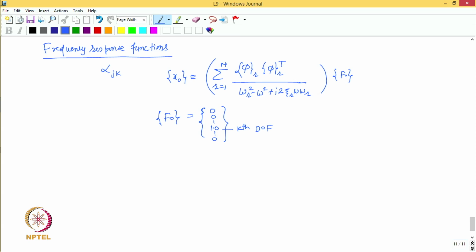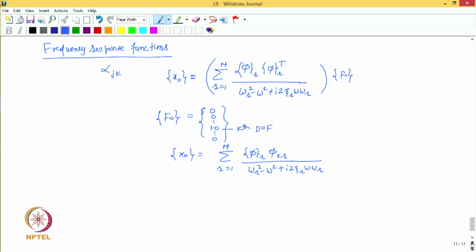If you substitute this force vector in the equation above and simplify, we will be left with only the kth element of this eigenvector. So, we will have phi k r here, and then omega r square minus omega square plus i 2 zeta r omega r.